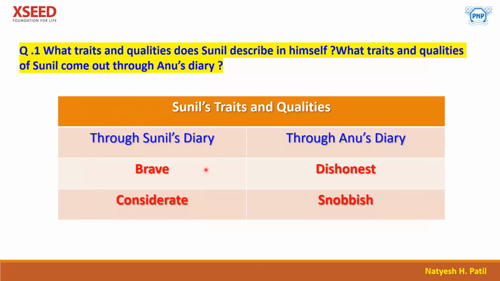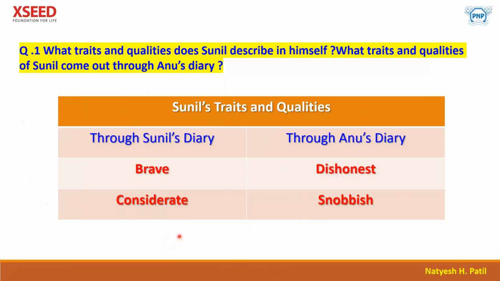As you have gone through Sunil's diary as well as Anu's diary, when you go through Sunil's diary, you get these personality traits or qualities. He is brave, considerate, but according to Anu's diary, he was dishonest and a snobbish type of person. Through his diary, he tries to portray himself as an adventurous, brave, friendly, considerate, and smart person.